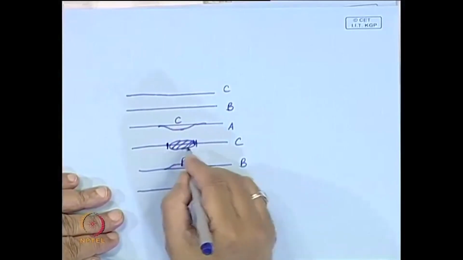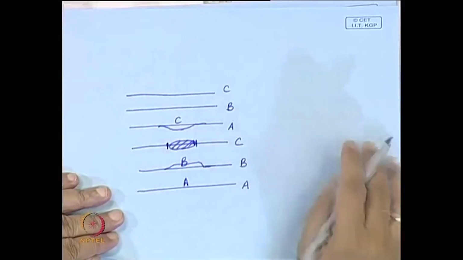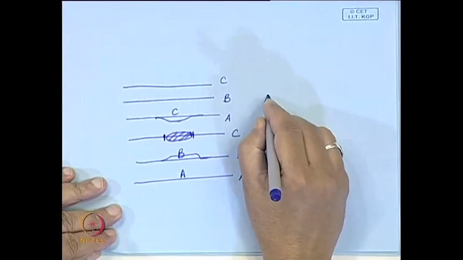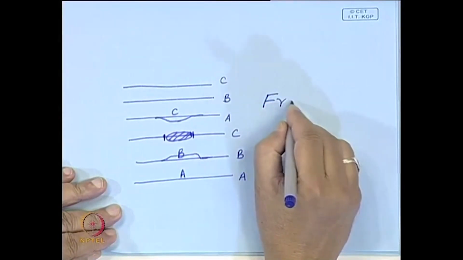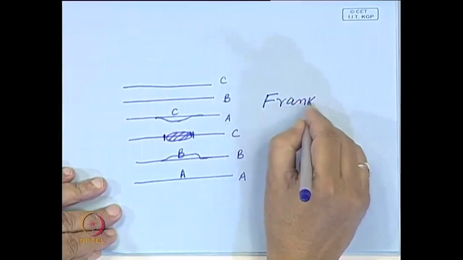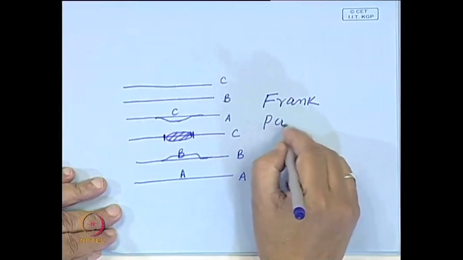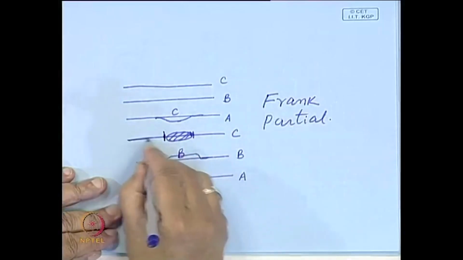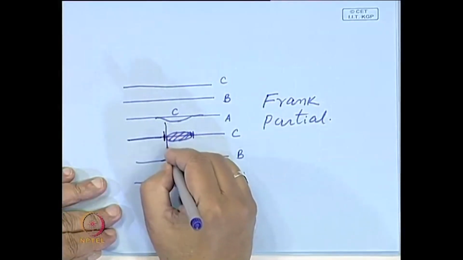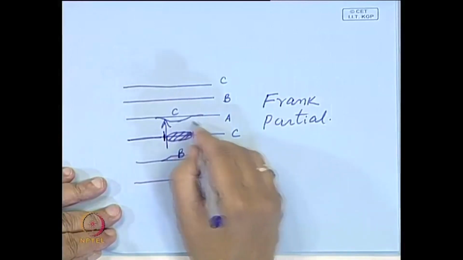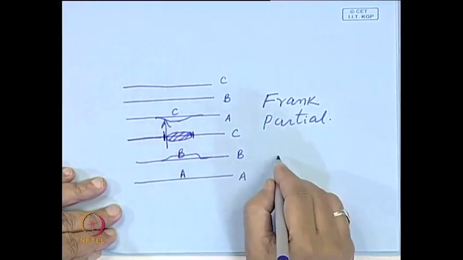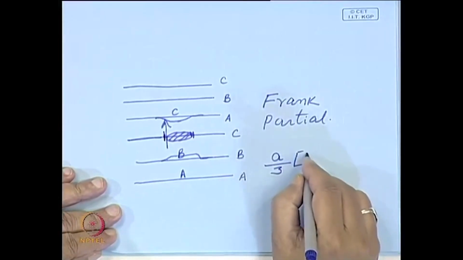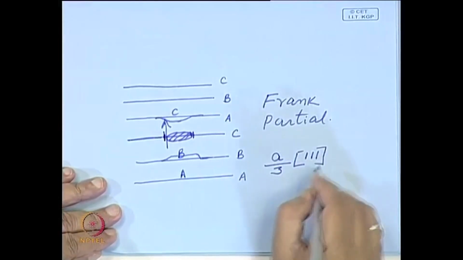You have been told that this type of fault is known as Frank, formed due to formation of Frank partial dislocation. And here is the extra plane of atoms, this is the slip plane, and this is the Burgers vector, which will be a by 3 1 1 1 type.